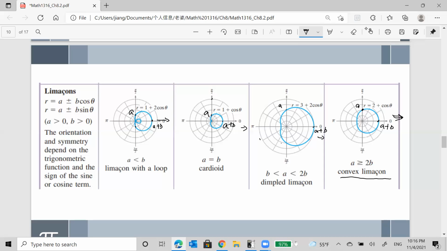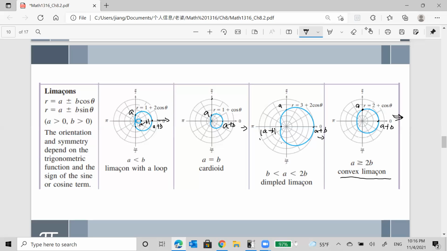Oh, this point equals the absolute value of A minus B. This point also equals the absolute value of A minus B. Since A equals B, A minus A is 0, so this point is 0. And this point is also the absolute value of A minus B.